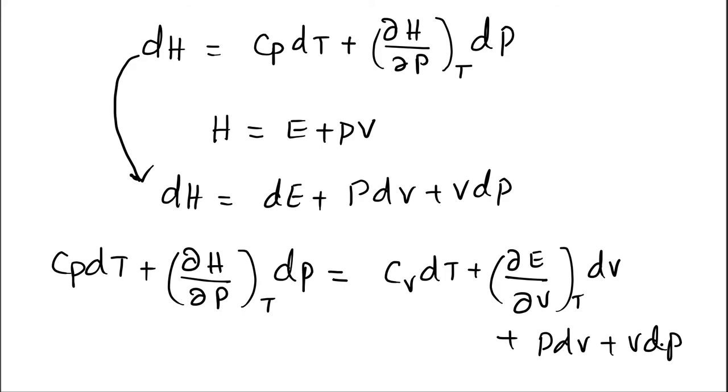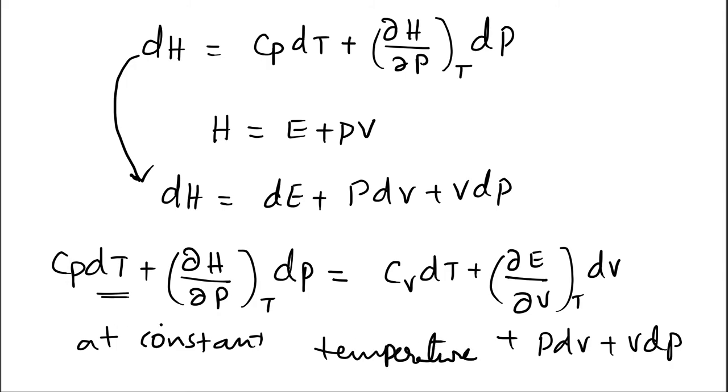Now let's assume that there is no change in the temperature. That makes dT equal to 0. That makes this term equal to 0, this term equal to 0, and we are left with only one term on the left side and three terms on the right side.